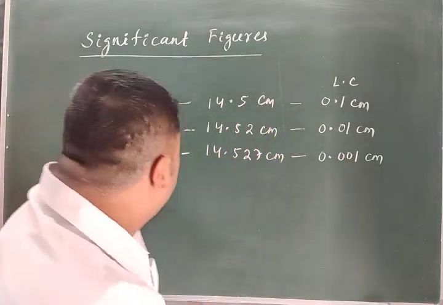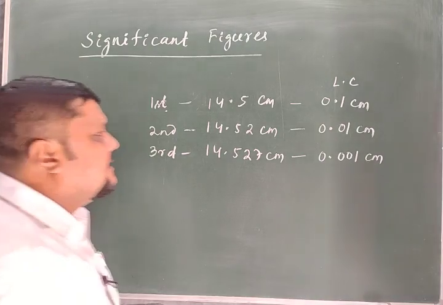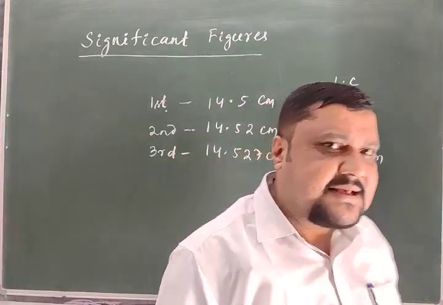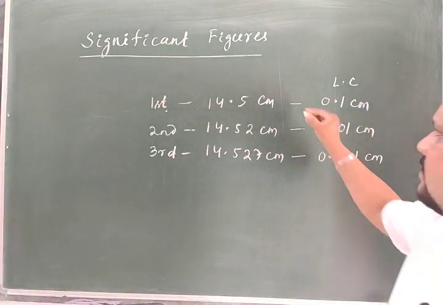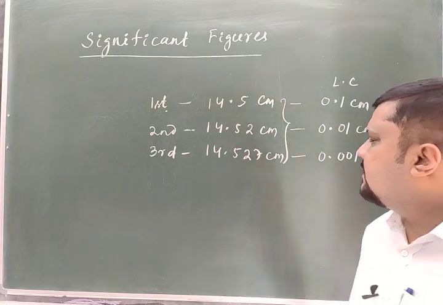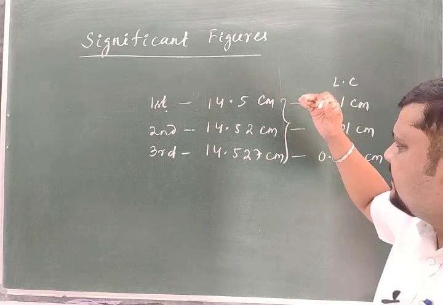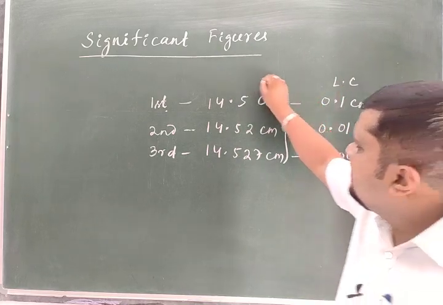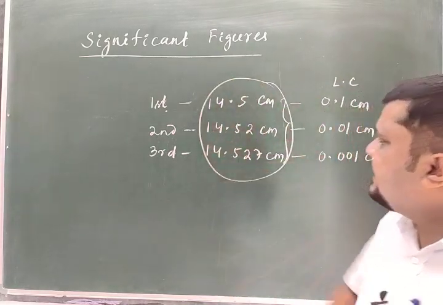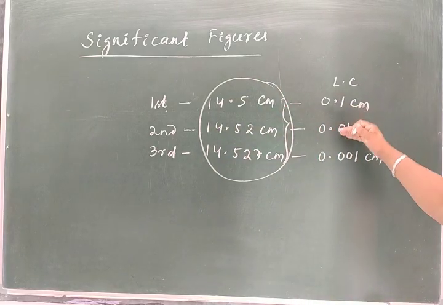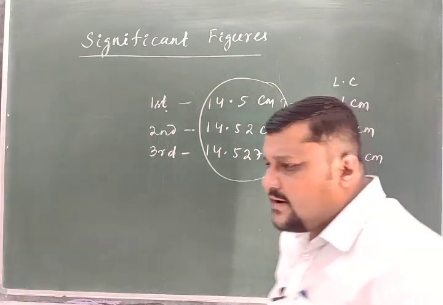Clear? So, from here you got the information that for different devices, the same measurement gives you different values. For the same length measurement and the same physical quantity, that is length, but by using different instruments, the measurement is different.